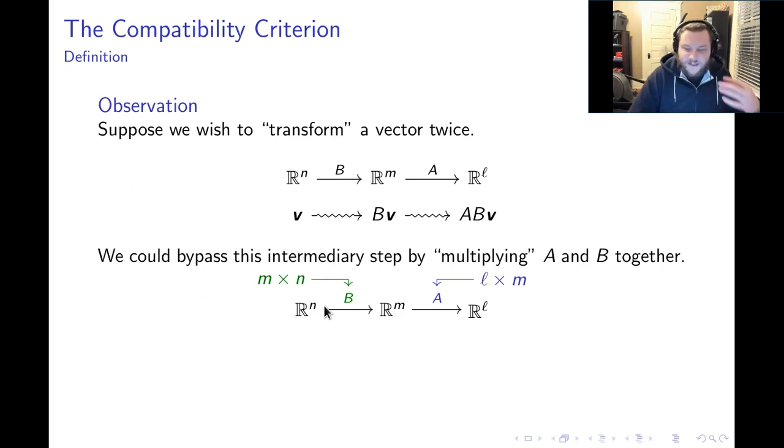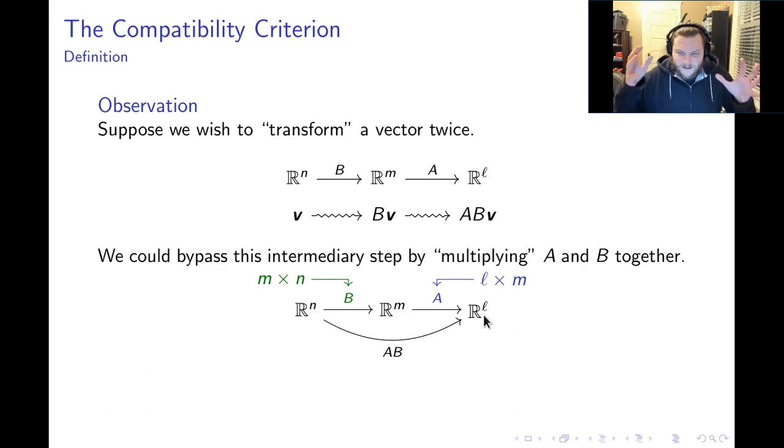And in fact, if we skip this intermediate step, we should end up producing a new matrix, A times B, and that matrix should go from Rn, where we're starting with our original vector, and skip that middle step and just end up in R to the L. Whatever the formula is, which we will develop in a moment, when we take two matrices like this and multiply them together, apparently to take A times B requires that A has the same number of columns as B has rows.